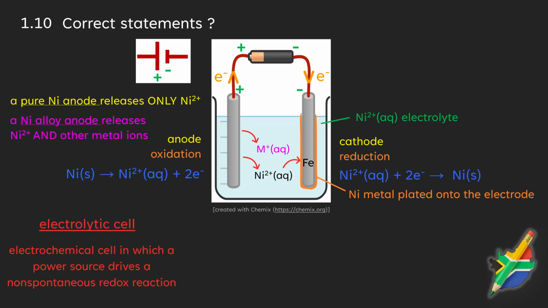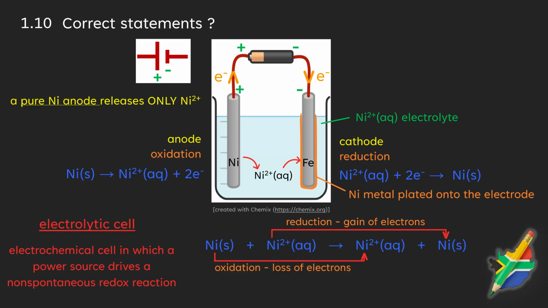However, if the anode is a nickel alloy, it will release other metal ions into solution as well, and these will also be reduced at the cathode, resulting in both nickel metal and the other metal plating onto the iron rod together. So yes, the anode must be pure nickel.